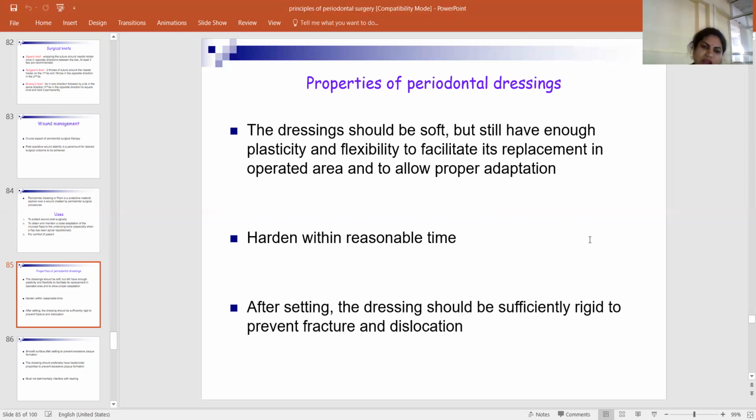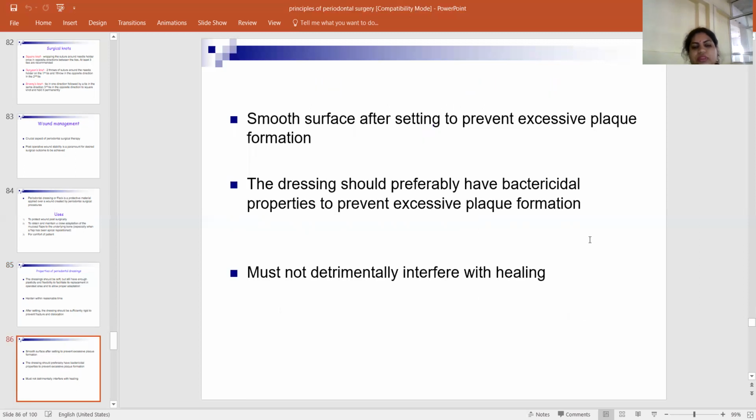And it should harden within a reasonable time, with a workable consistency, but it should harden after some period of time. After setting, the dressing should be sufficiently rigid to prevent fracture and dislocation. It should have a smooth surface after setting to prevent excessive plaque formation.